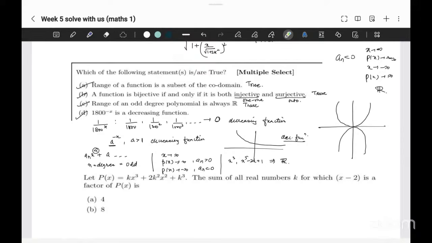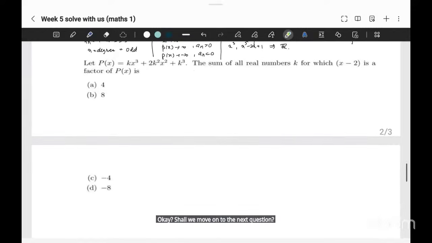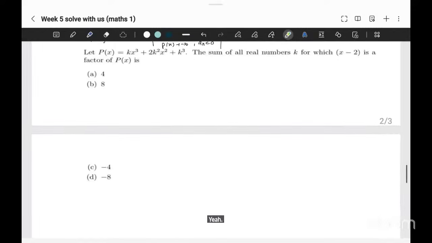Okay. Shall we move on to the next question? Yes, ma'am. So now we have, let px equals to this.